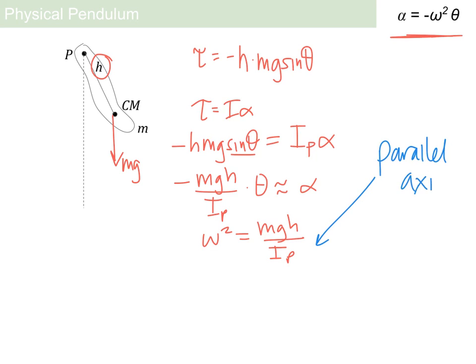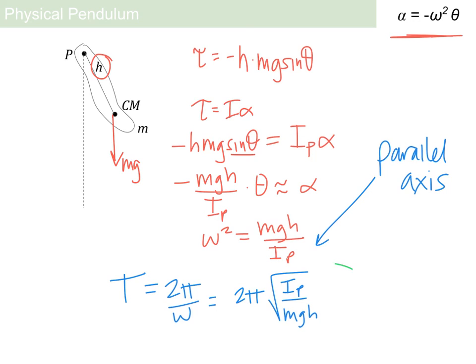So putting it into a period formula, period would be 2 pi over omega, so that's going to be 2 pi divided by the square root of this, or 2 pi times the square root of I divided by mgh. Now, unfortunately, this formula is not on your formula sheet, so make sure you write it down, and we'll just have to deal with it.